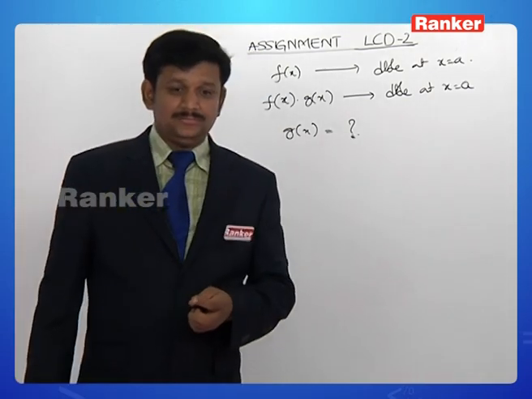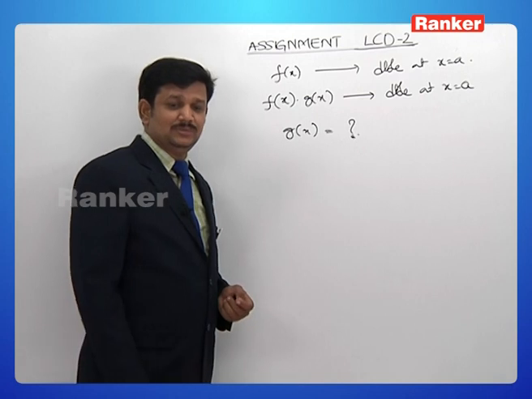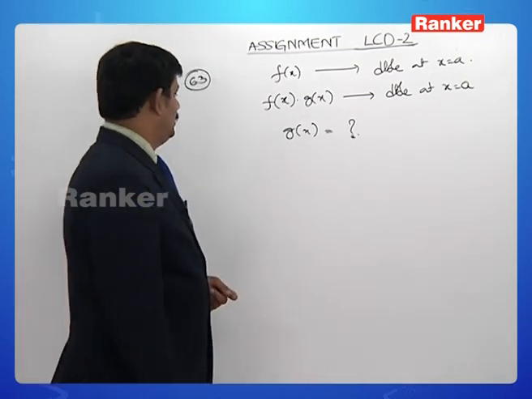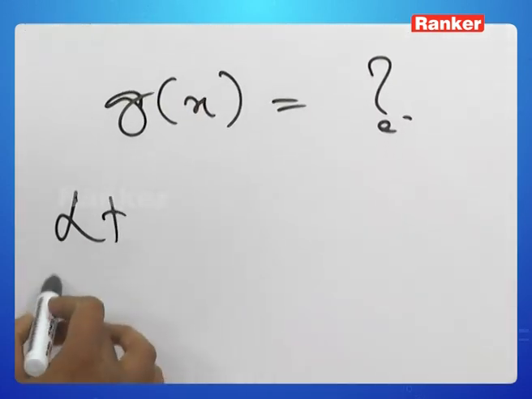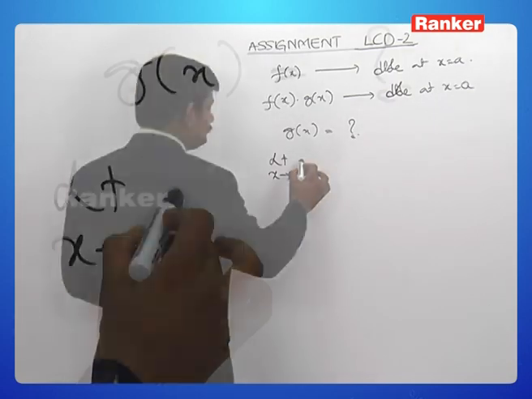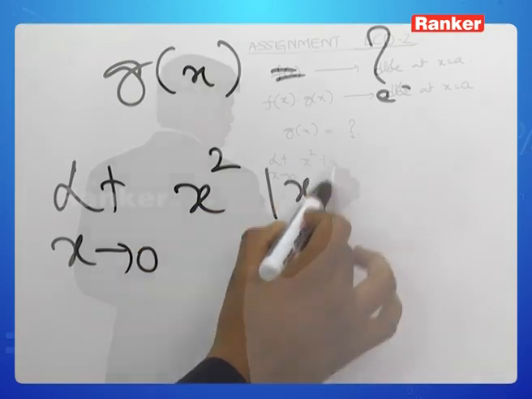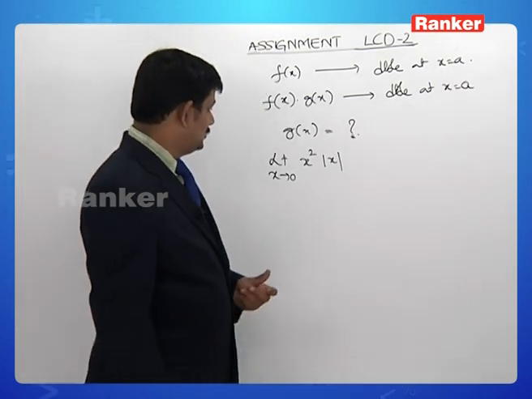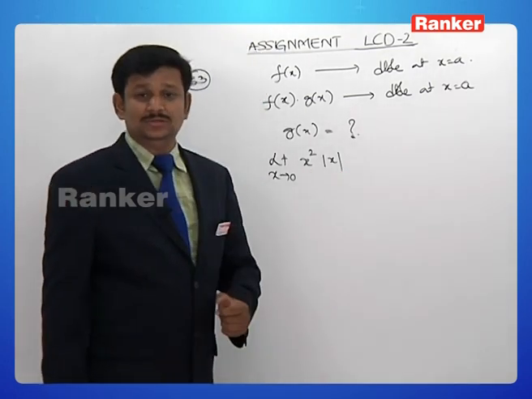Look at option A. G of x must be differentiable at x equal to a. Is it a compulsion? No. Look at it by an example. Let us take the limit as x tends to 0 of x square into mod x. This limit exists and is equal to 0.